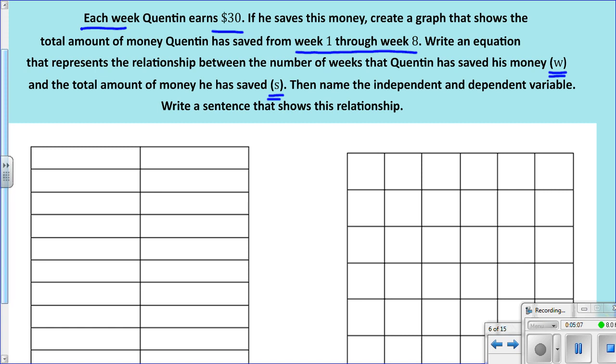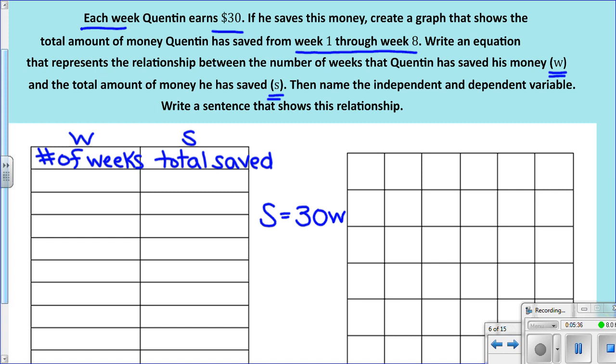Okay, so we're going to want to label our grid, number of weeks, and that is our W. Then we have our S as total saved. And based on the information, we're saving $30 per week. So the equation here would be S equals 30 times W.